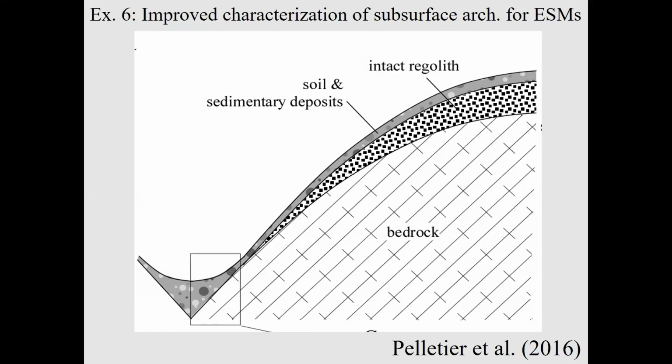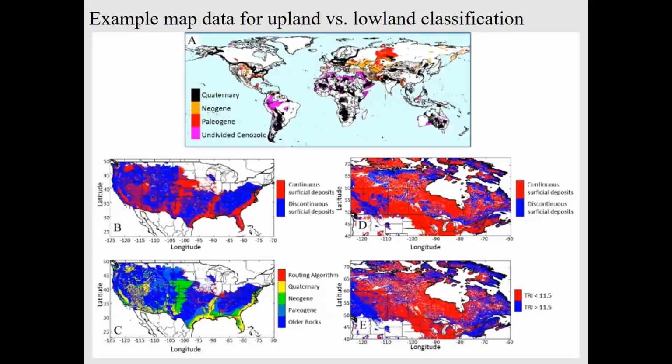In 2016, I wanted to put some numbers on the spatial variability of these layers, both in uplands and in lowlands. And so this, of course, involves a substantial amount of geologic input information. So I'm not going to go into all the details of this fairly busy slide, but the point is that we were using, in this effort, global geologic data to identify relatively young deposits that may not be lithified.